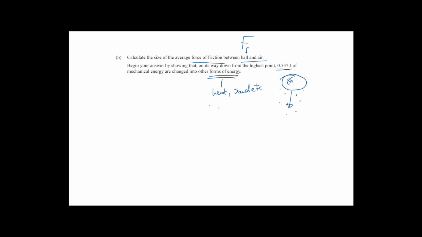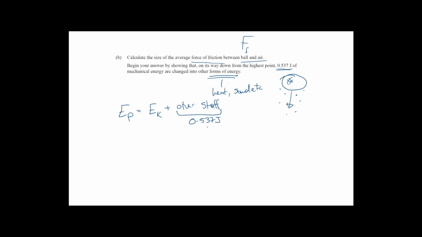Okay, let's show that. So the gravitational potential energy at the top is going to be equal to the kinetic energy at the bottom plus other stuff. And we want to know what this other stuff is, and it's 0.537 joules.